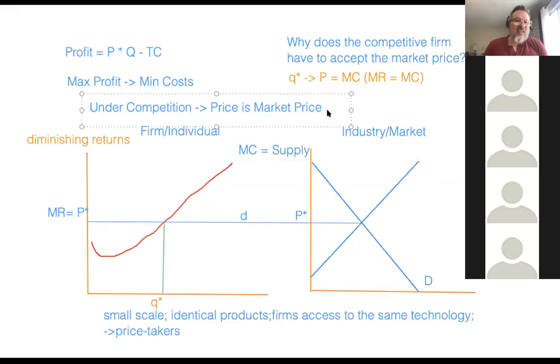But now we have a justification. The point of this is to explain why the marginal cost curve is the competitive firm's supply curve. And the reason is because the competitive firm is trying to maximize profits. And so as soon as the cost of those units is above the revenue that they can receive, they're not going to produce those units because they won't make money off it. It won't be profitable.